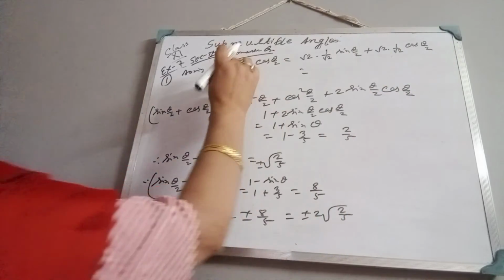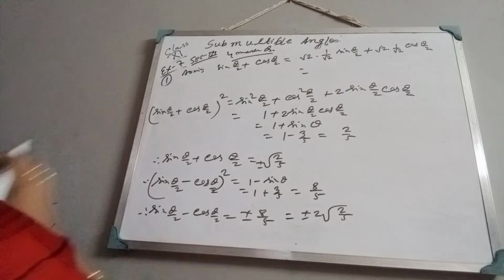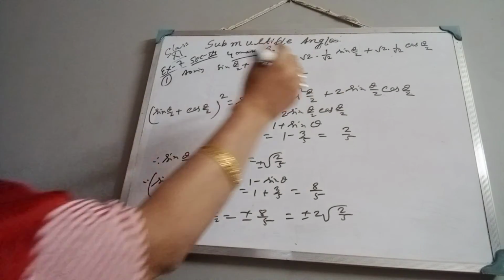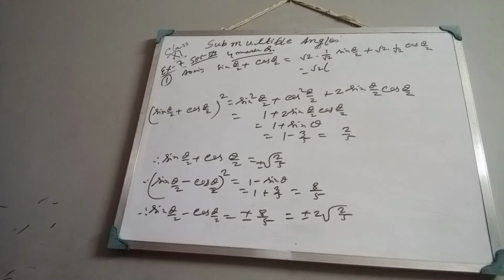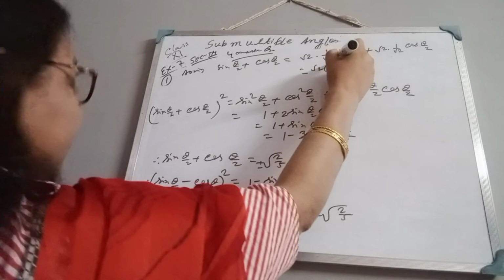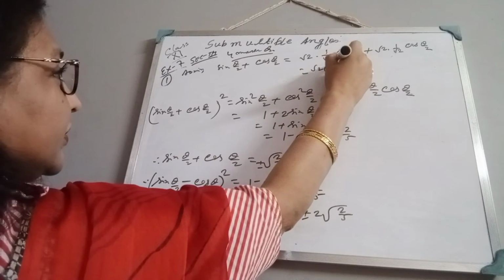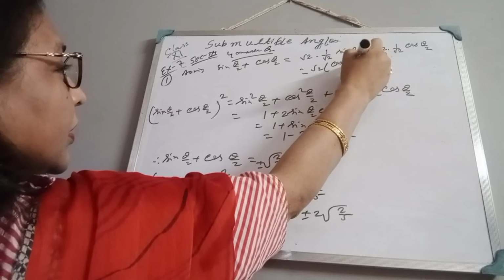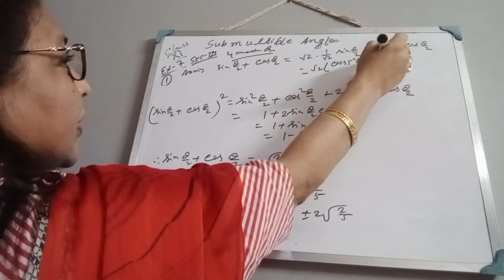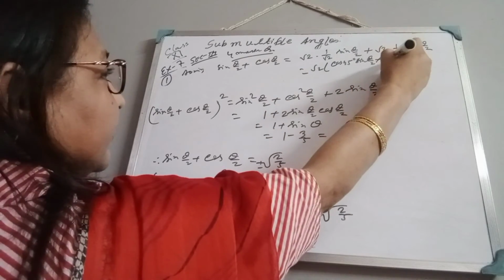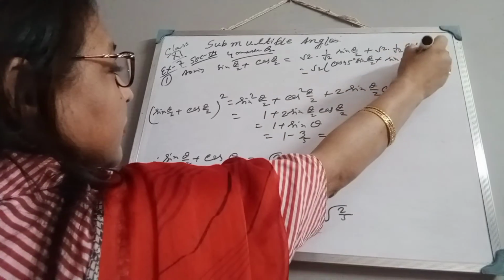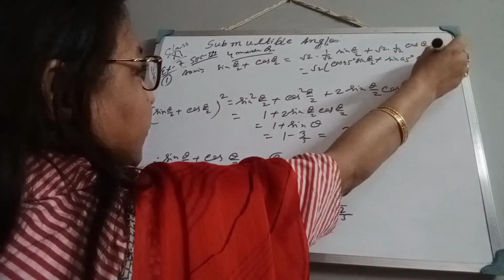Yes, we can write this in terms of this. Now if we take common √2, then we will get 1/√2 sin θ/2. So 1/√2 means cos 45 degree sin θ/2, and 1/√2 again, here we can write sin 45 degree cos θ/2.